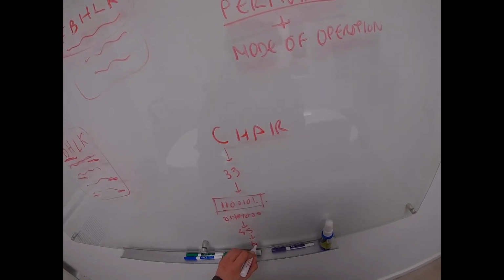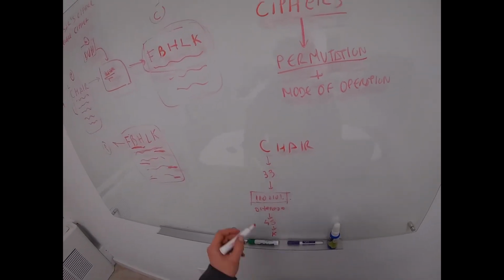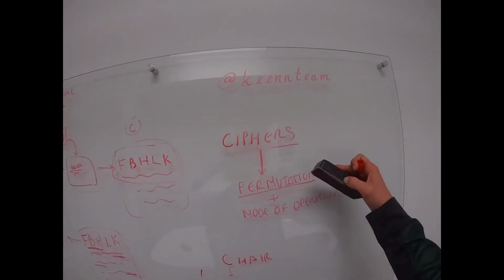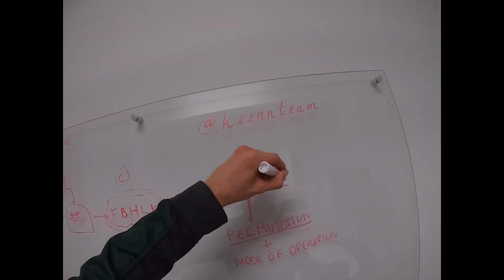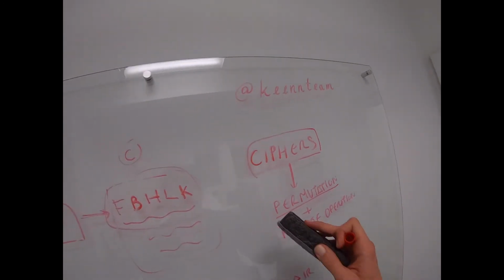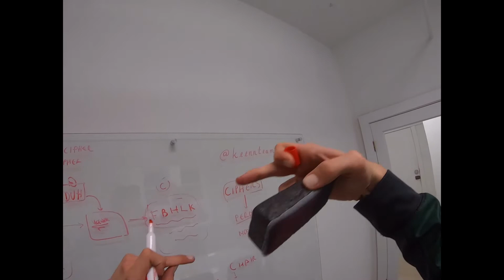Let's say it gives me back a K. So this is the permutation, the way in which each bit of information gets substituted.